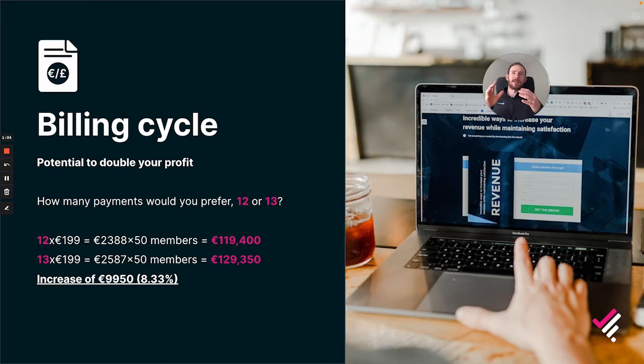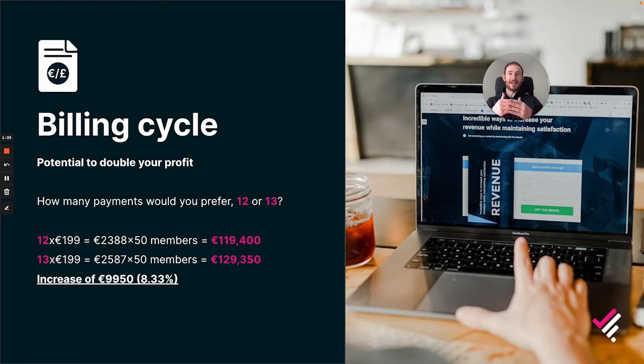And using this example, we can see 12 cycles versus 13 cycles gives us a difference. This is just assuming 50 members, gives us an increase of €9,950 or pounds, which is 8.33% of an increase.